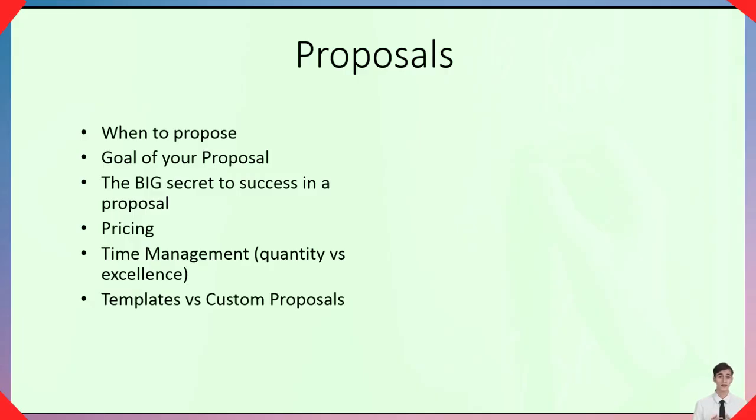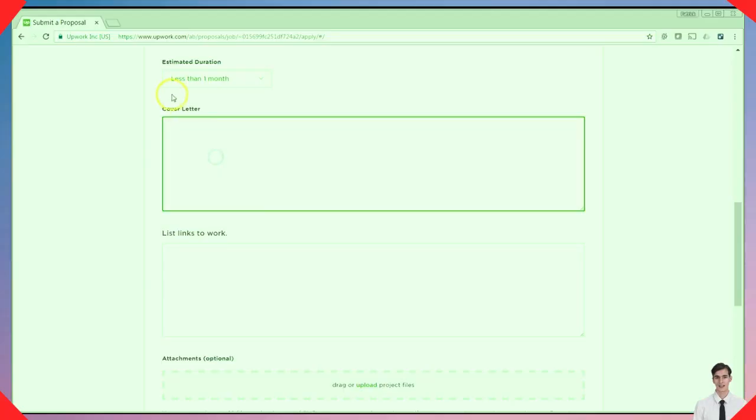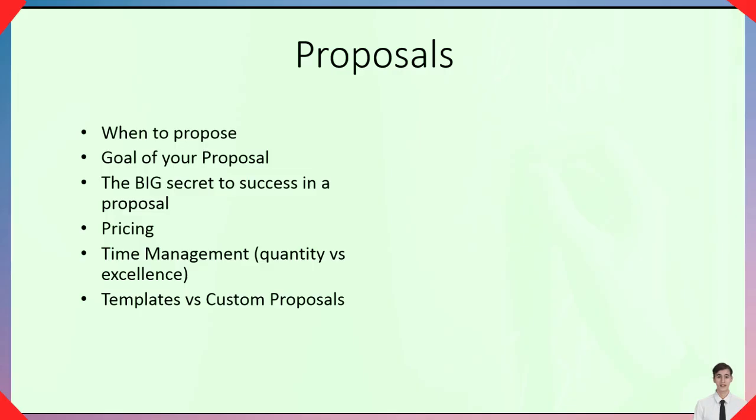Okay, templates versus custom proposals. So this again comes back to copying and pasting your resume into that section of the proposal, which is where you're going to end up putting it, in the cover letter section. And while it's definitely tempting to do, you need to customize it. Now, the good news is you don't have to write it from scratch.